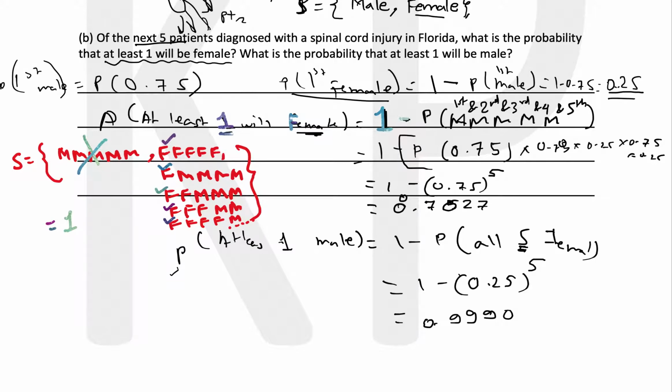Whenever we have this and rule, we just use probability multiplication. Let me write it: probability of the first being male times the probability of the second being male, third male, fourth male, and fifth male.